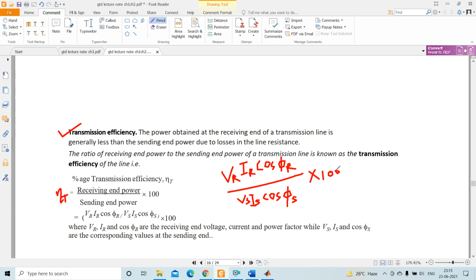You are able to know about generating station, receiving station, transmission lines. You are able to know voltage regulation and efficiency of transmission. From these expressions you are able to calculate voltage regulation and transmission efficiency of a transmission line.